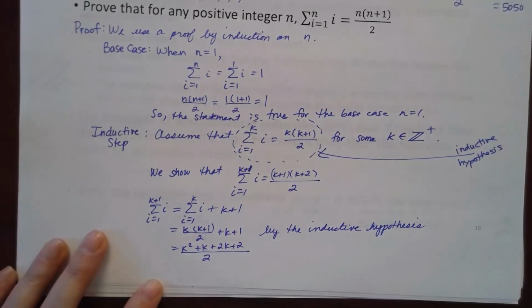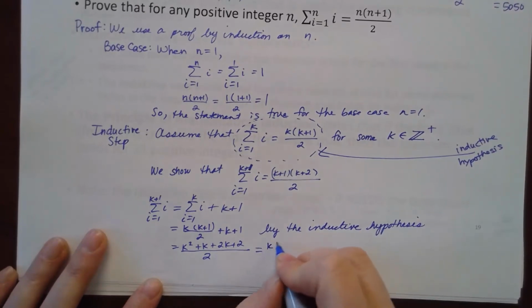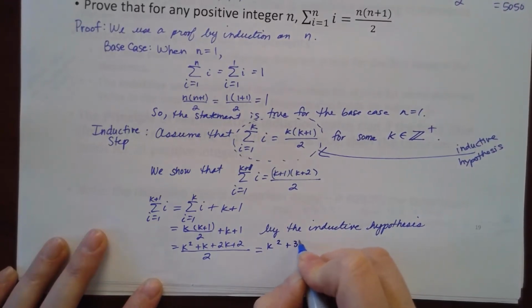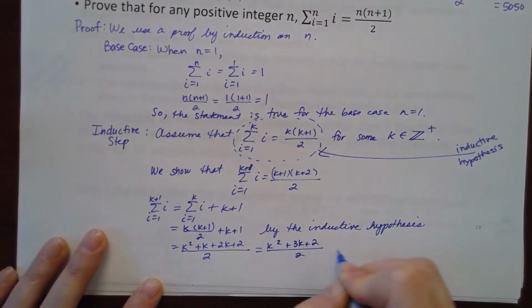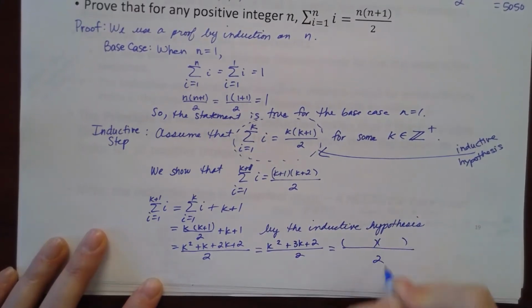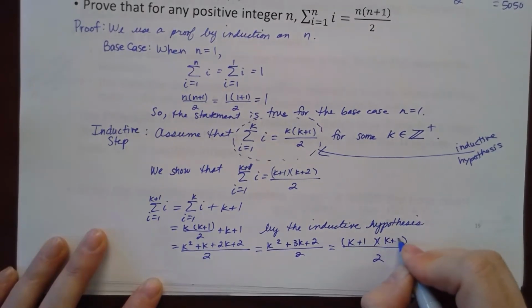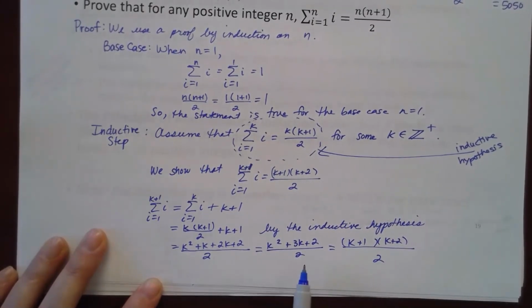I'm going to go that direction instead of down because I'm running out of paper. But this is k squared plus 3k plus 2 over 2. And if you factor that, then you get k plus 1 times k plus 2, right? And that's what I was hoping it would be.